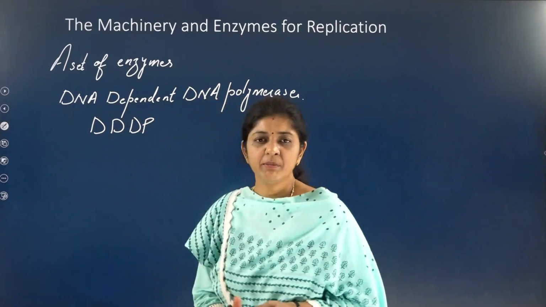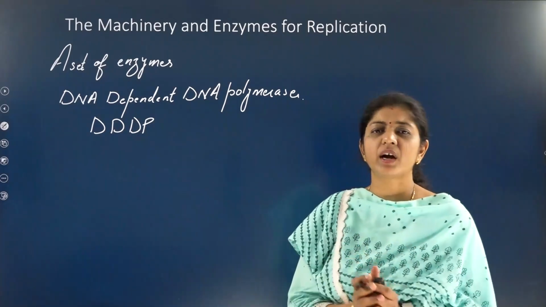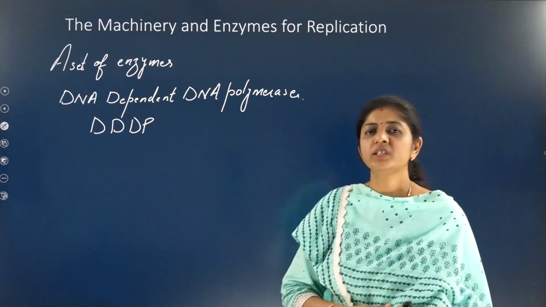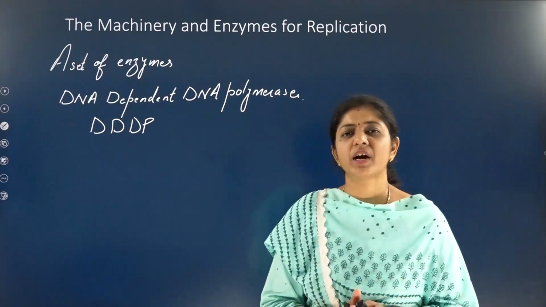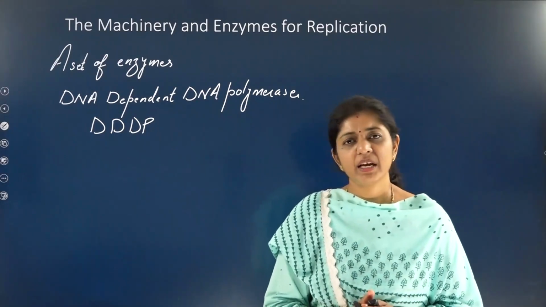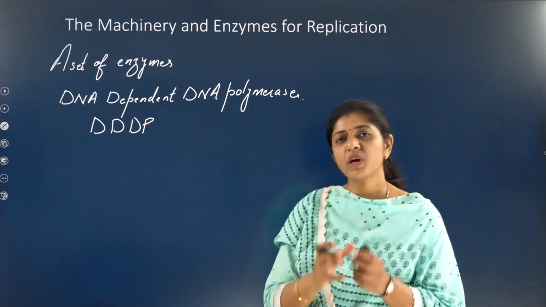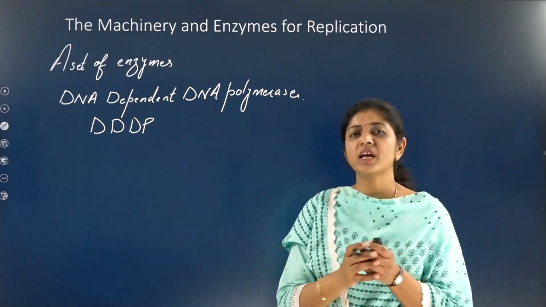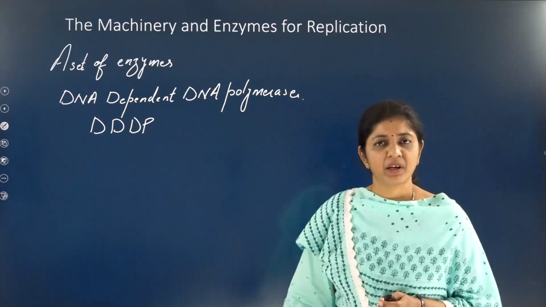Why DNA dependent? Because whatever the sequence of bases on the parent strand, the complementary sequence will be on the replica. So what sequence of bases will be there on the replica depends upon the parent DNA strand, right? That's why you call it DNA dependent. But here we are making a new replica made of deoxyribonucleotides, that's why you call it DNA polymerase, right?